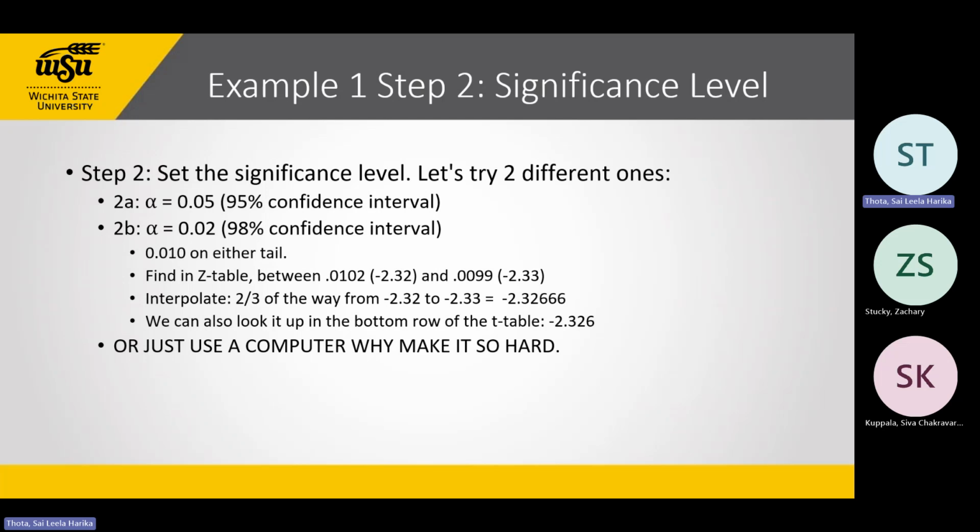Based upon that, you'll find the values. These are the values from the Z table that we discussed before. So the alpha value is given, you will find the Z values from the Z table, and those will be the values on both sides of your normal distribution.